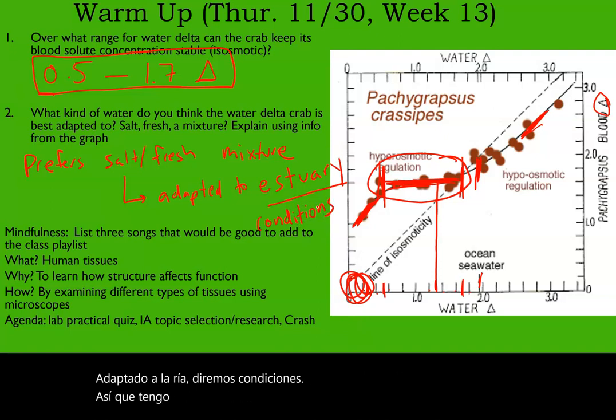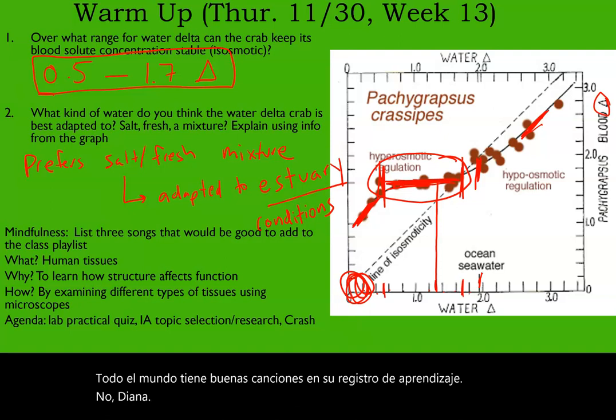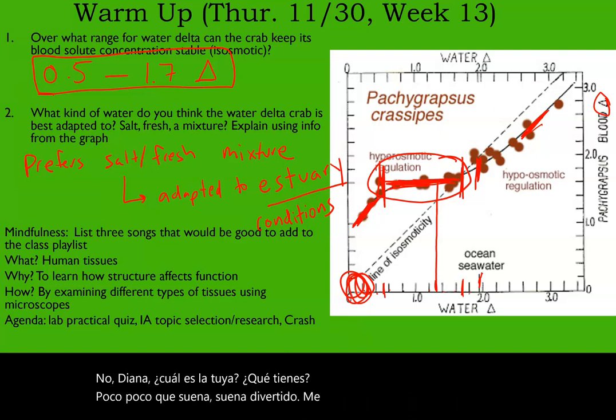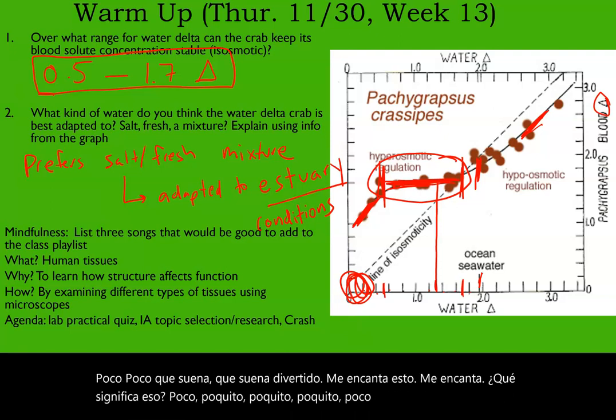Everybody has some good songs on their learning log? No? Diana, what's yours? What do you got? Poco Poco? That sounds fun. I love this. What does that mean? Little bit? Little by little. That's good. All right, well, I can't wait to hear those.